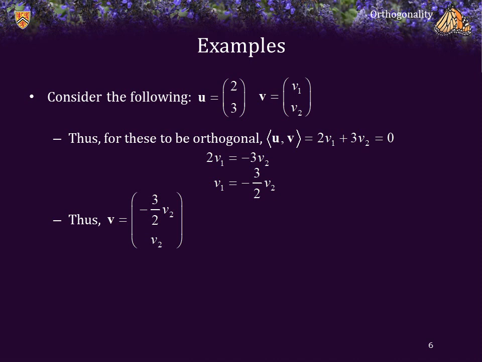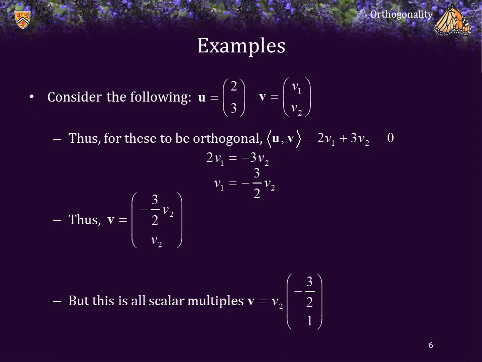So, if v2 is 1, then v1 must be negative 1.5. If v2 is negative 10, then v1 must be 15. Now, there's something interesting there. Both the first entry and the second entry is a constant times v2. In the second case, the constant is 1.